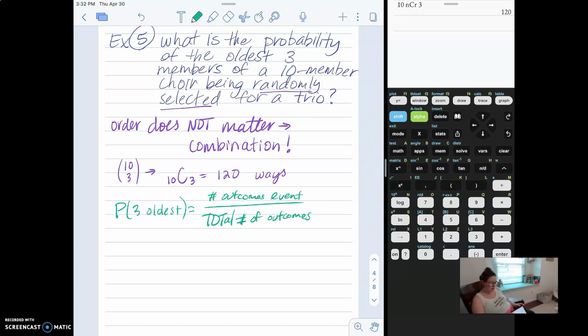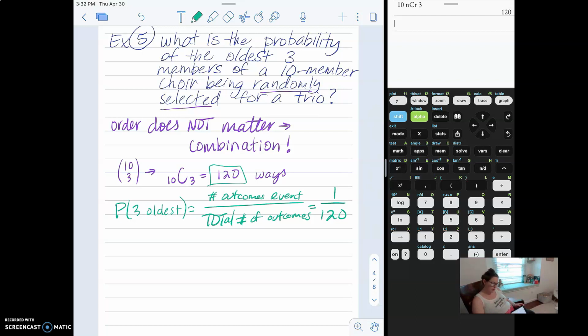In this event, I can only have one way of having the 3 oldest, but there are 120 different ways to choose those 3. So you would do 1 divided by this 120 that I got here.